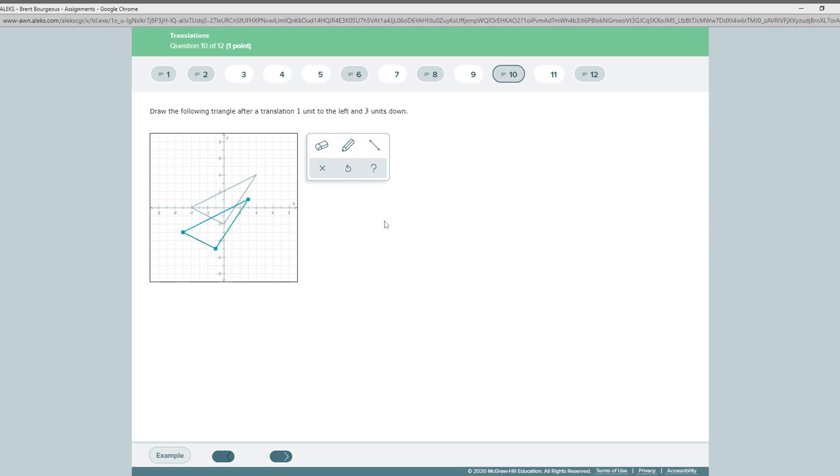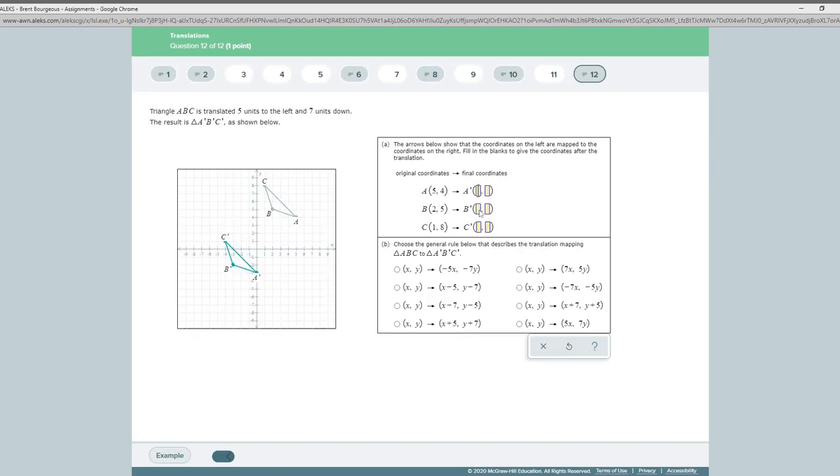And so that's another thing that they may ask you to do on this assignment, is just literally translate one figure from one location to another and make sure you just follow the same rules so that each vertex ends up in the right place. Okay, let's look at one more type of question you might see on today's assignment.